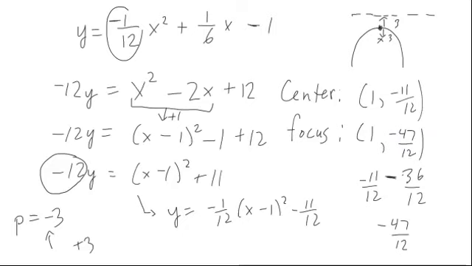Where would the directrix be? Well, the directrix would start from this y value, but instead of subtracting 3, we would be adding 3. Which would give you 25/12, I believe, so 25/12.